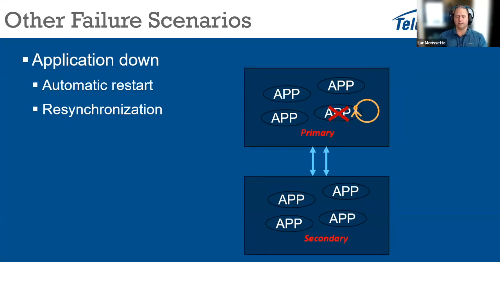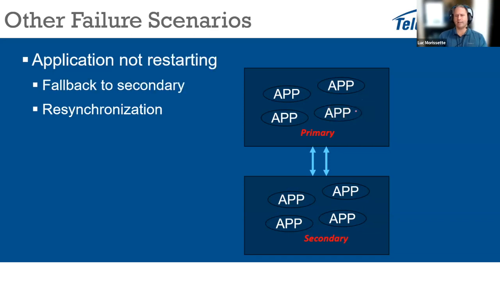continues normally like this. It's possible that for some reason the application fails and cannot restart. Okay, in that case, the secondary unit will take this application. It will fall back, and secondary has all the synchronization information because this is done with those links here.